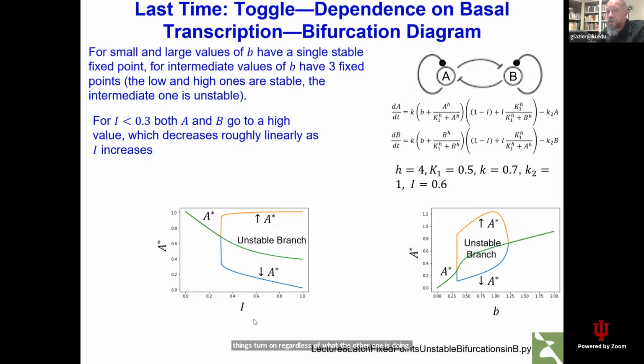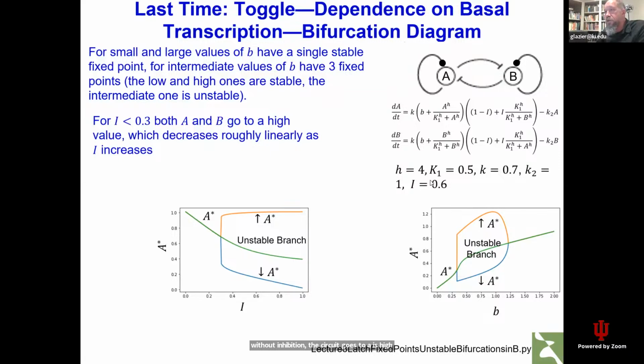If we look in the context of the inhibitor, the strength of inhibition, as we would expect, if the strength of inhibition is weak, then we just have the A circuit by itself. In this case, for the parameter regime that we've picked, without inhibition, the circuit goes to A is high, always, regardless of the initial condition.